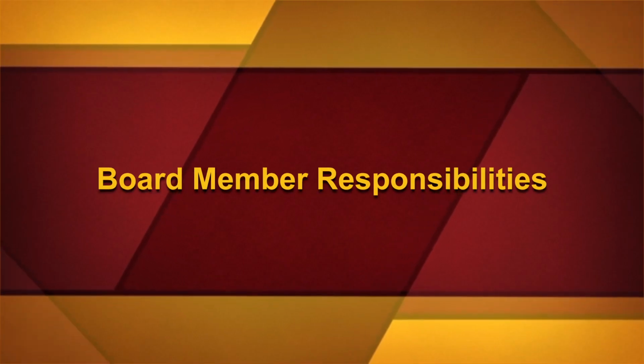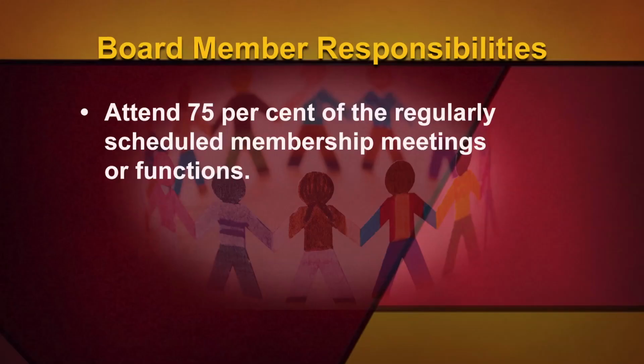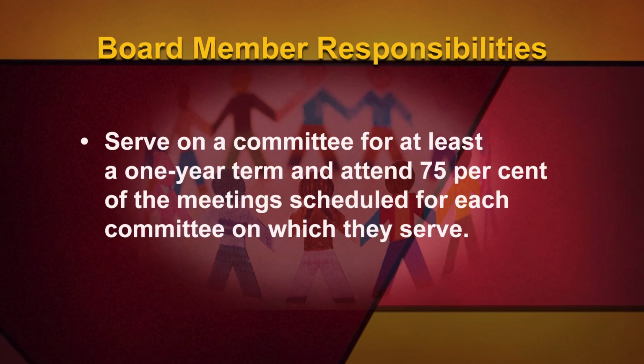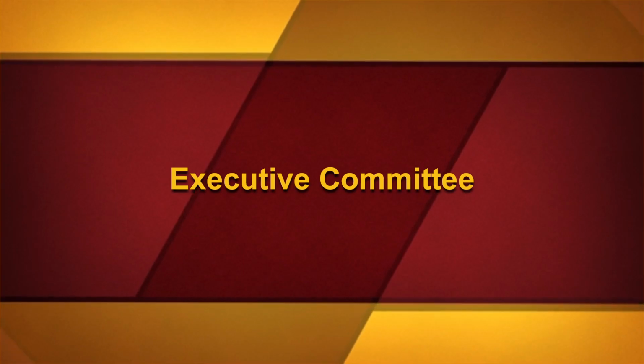Board member responsibilities. 1. Attend 75% of the regularly scheduled membership meetings or functions. 2. Attend 75% of the regularly scheduled Board of Directors meetings. 3. Serve on a committee for at least a 1-year term and attend 75% of the meetings scheduled for each committee on which they serve.